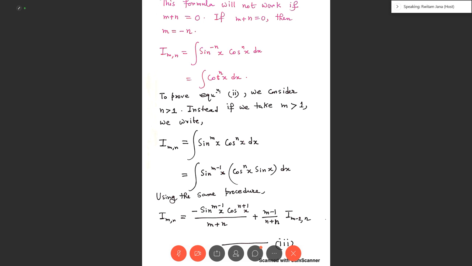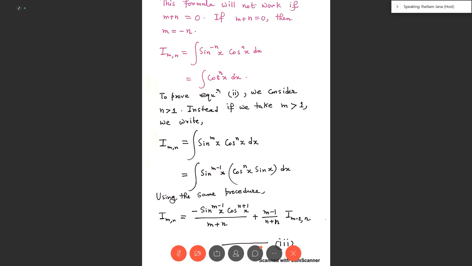Again, if the m value is strictly less than the n value, then you have to use equation number 3, and if the m value is greater than the n value, then you have to use equation number 2. So first write equation number 3.